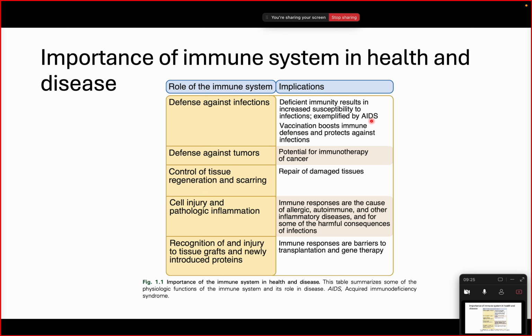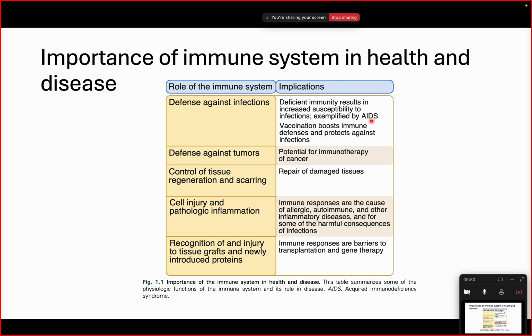As the name itself suggests, it is a disease or a group of diseases which are a result of deficiency in the immune system. Vaccination boosts immune defense and protects against infections.